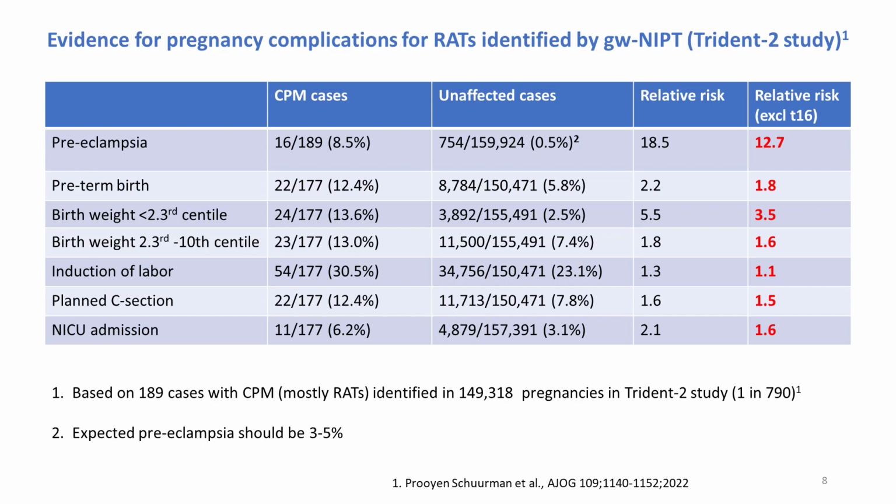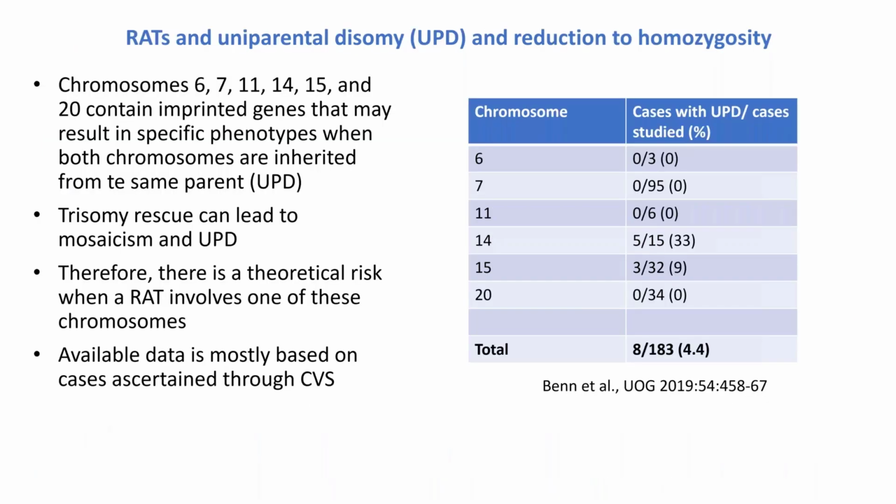There's just enough there to start worrying about, without having a very good handle on which chromosome it is and which ones we really should be worrying about and which complication of pregnancy we need to be concerned about. So that's one aspect of RATs that's very, very difficult.